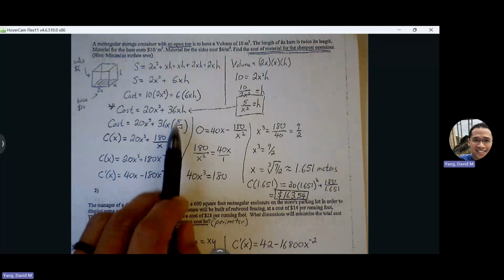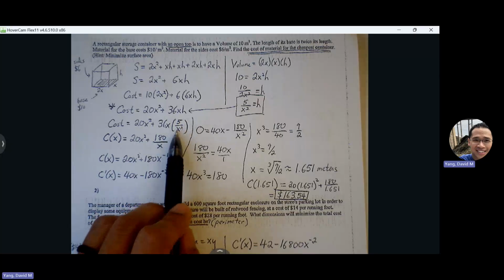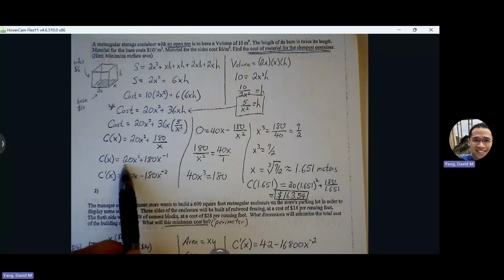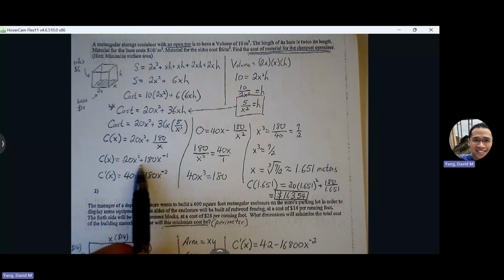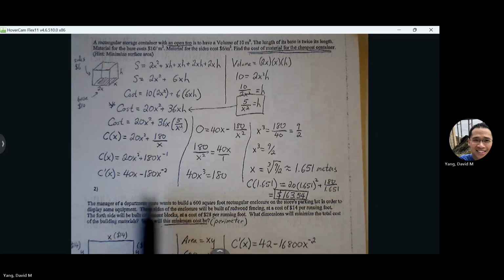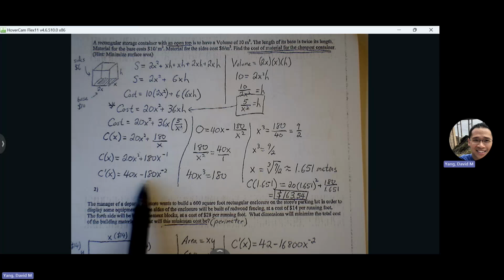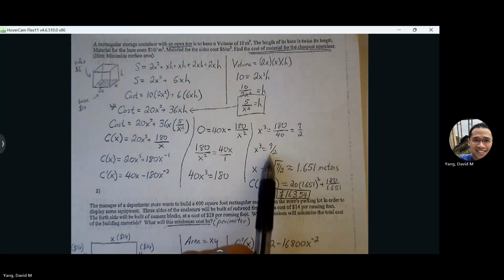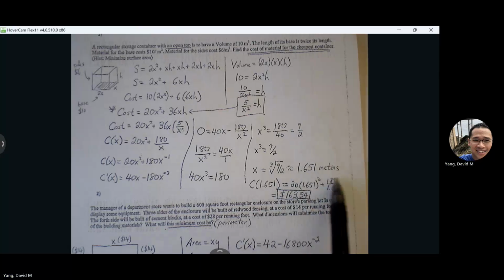I took that 10 over 2x squared and I reduced it to 5 over x squared, multiplied it out, get it ready. And this should be where I'm at before I begin my derivative process. C prime, power rule, set my derivative equal to 0, solve for x, get my decimal value.